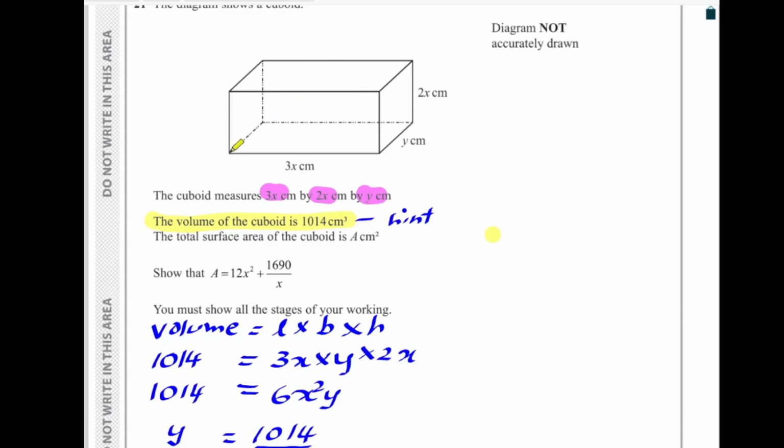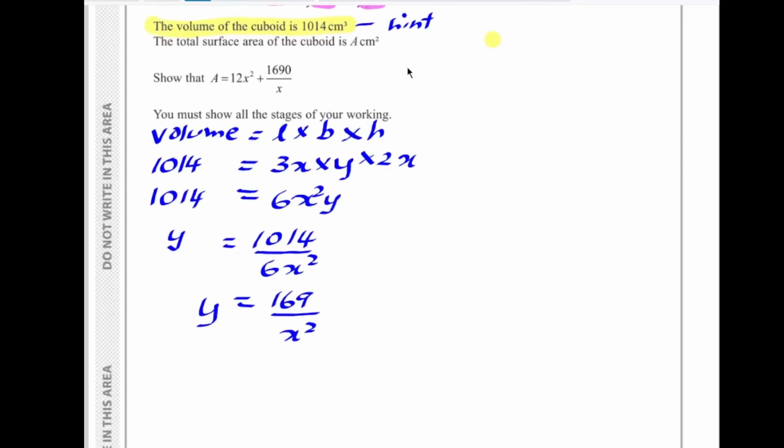Let's see how to get the area of this surface. This length is 2x, this is 2x, this is 3x, and this is y. When getting the surface of this one, 3x into y, we are having 2 such surfaces.